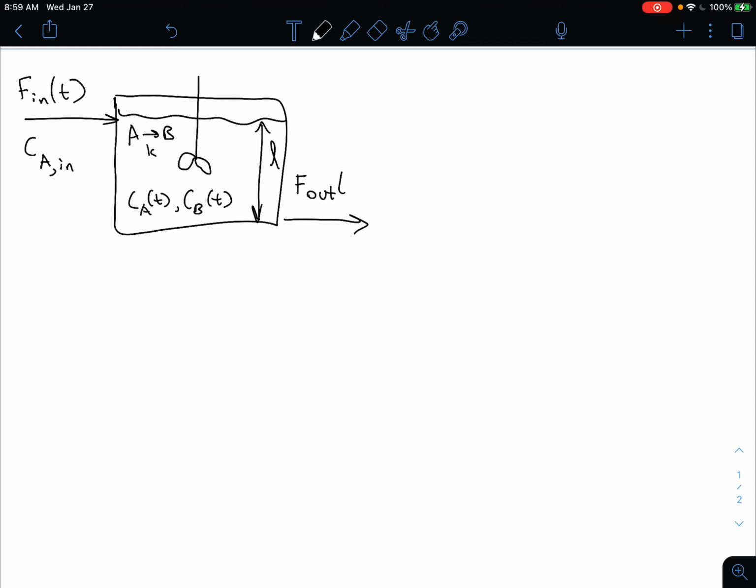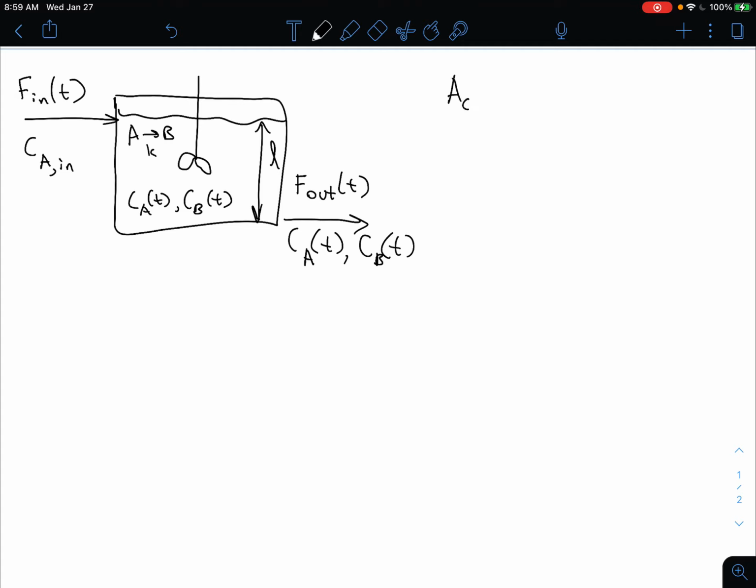So F out, again, another thing that could change in time. CA at time t and CB at time t are going to equal the concentrations in the tank, and those are dependent variables.